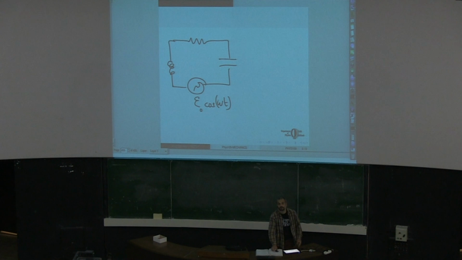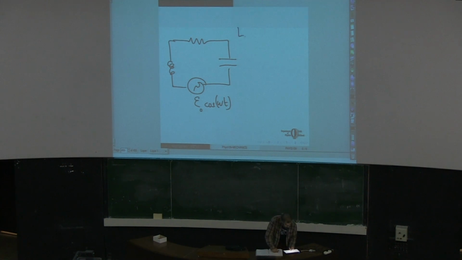Now, let's study those circuits in more detail. This is epsilon 0 times, let's say, cosine omega t. Without this AC source, we already know what the circuit equation was.